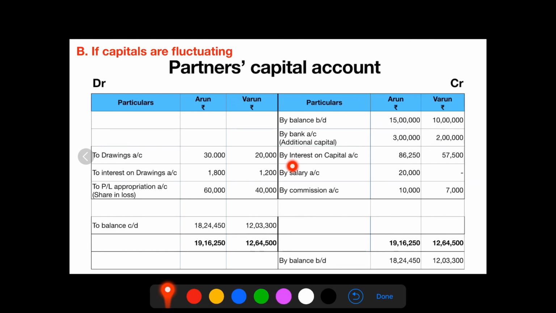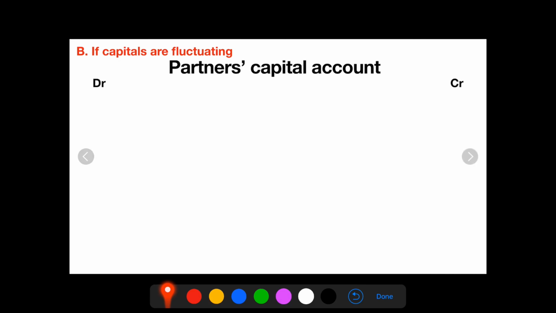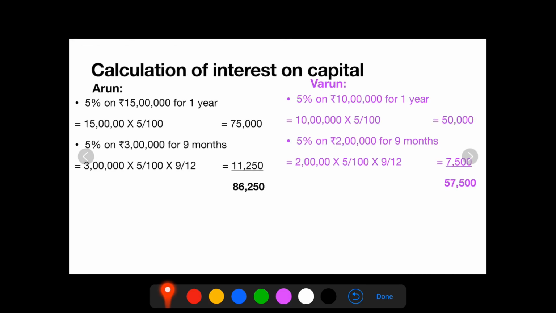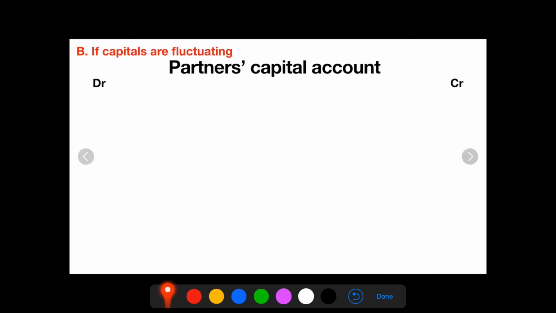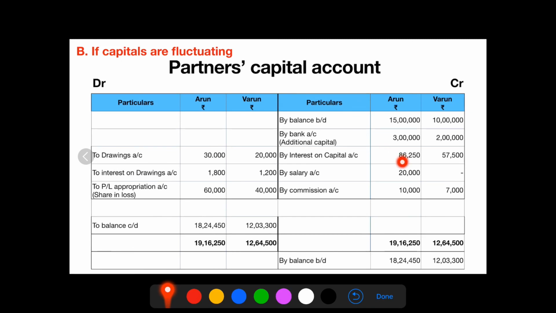From the extra information provided, we have interest on capital. In my previous slide, I just showed you how exactly to calculate interest on capital for Arun and Varun. So we take up the same amounts, 86,250 and 57,500. Next information is drawings.